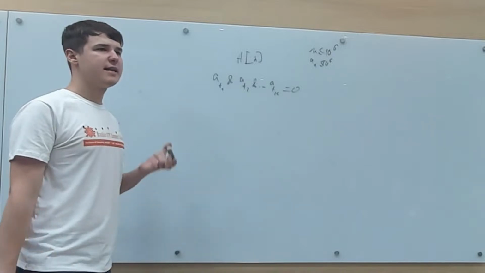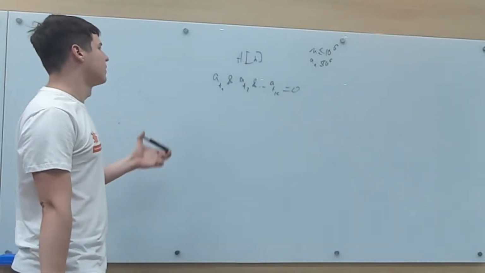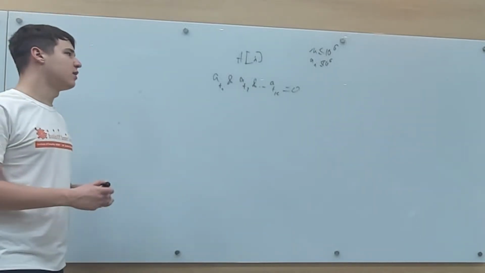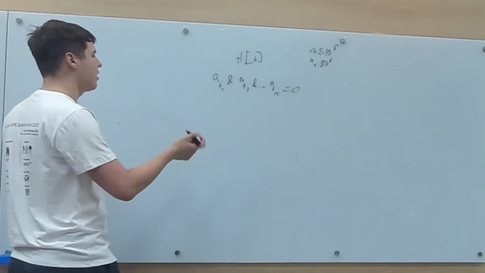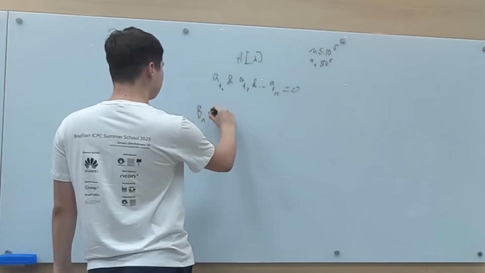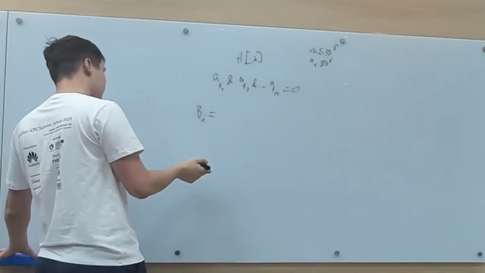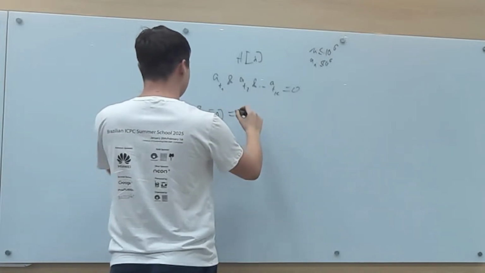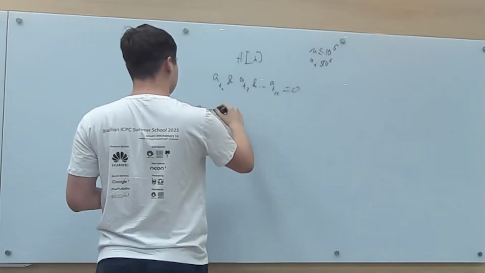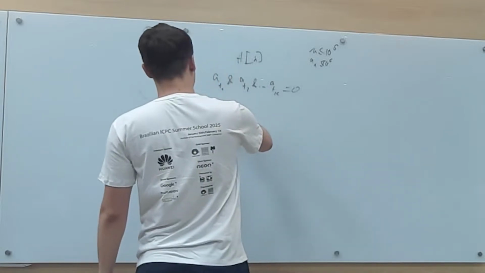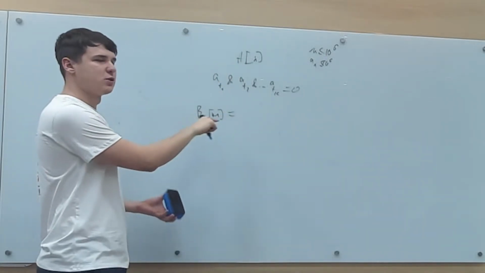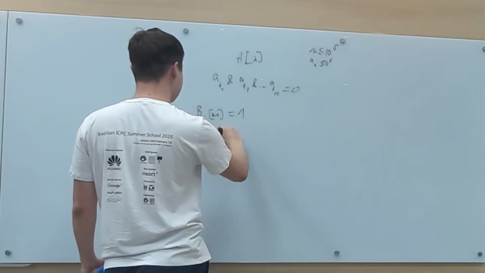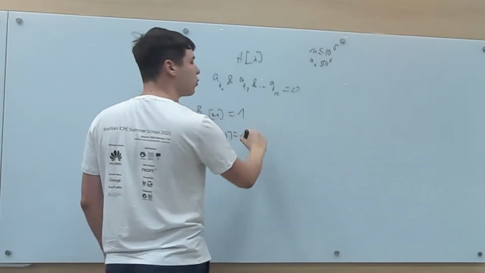So let's think of a stupid brute force. What can our stupid brute force be? Let's imagine arrays B_i such that B_i at the index n minus 1, which is the full mask, is equal to 1, and B_i at index A_i is equal to 1.